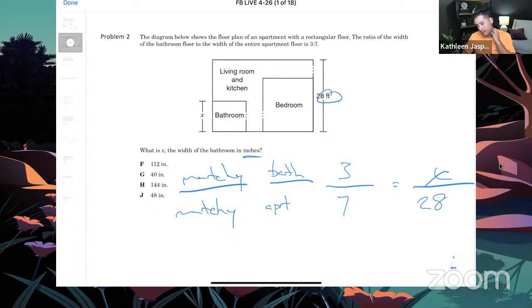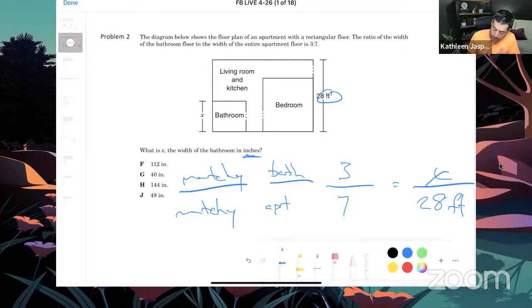So you've got to be careful when you see that, because more often than not, if I were to do this right now, I'll bet you I get one of the answer choices and then you would get it wrong, because we are dealing with 2 different units, because this is 28 feet and I want inches. So we can do a couple of things here. Now that we got the proportions set up so that you can see it, okay, let's go ahead and solve it. So I'm just going to erase this here.